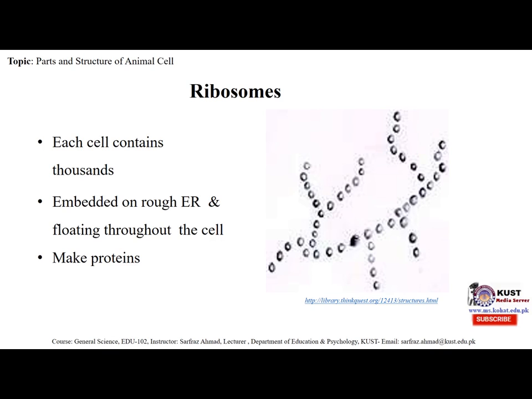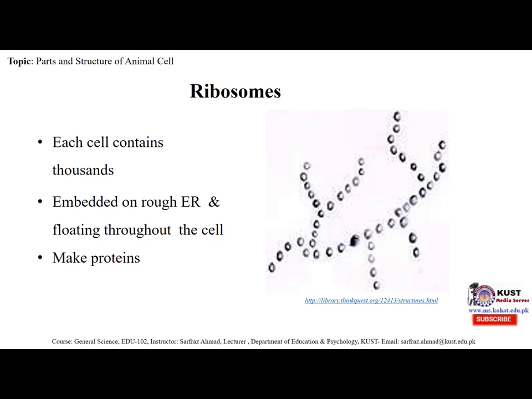Ribosomes are macromolecular machines found within all living cells that perform biological protein synthesis, mRNA translation, we can say. Ribosomes link amino acids together in the order specified by the codons of messenger RNA molecules to form polypeptide chains.